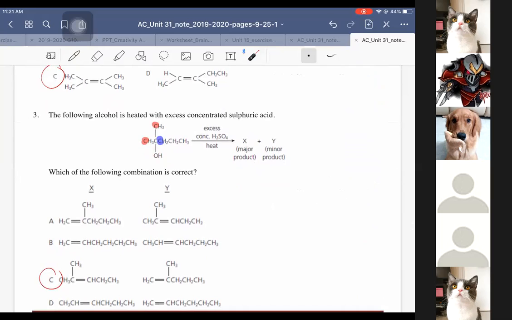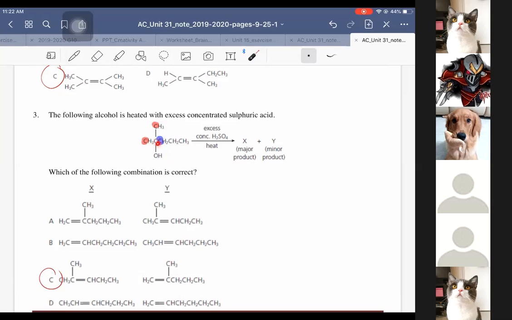So we've got 3 choices. We can take hydrogen from here, or here, or here. It must be from the carbon next to the one with the hydroxyl group. So you've got 2 types of carbon here. The one I highlighted in red is bonded to 3 hydrogens and then the alkyl group here.